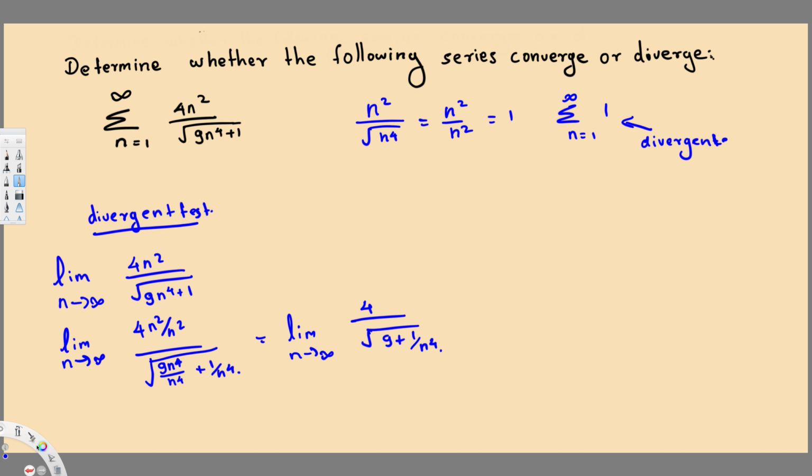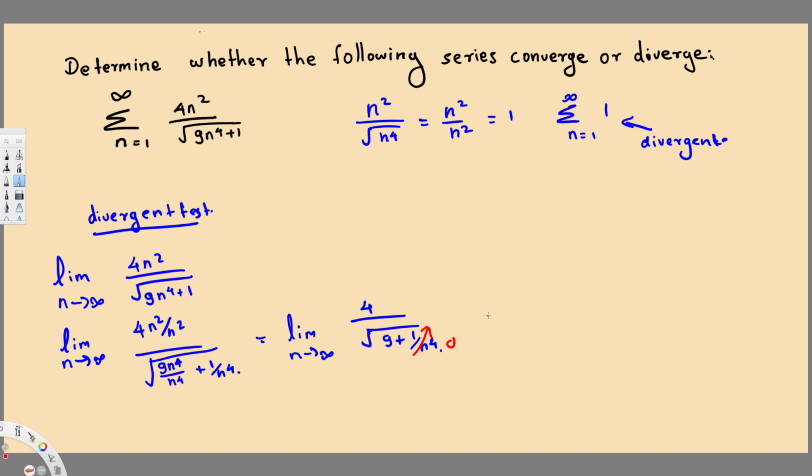If we apply this limit, only the 1 over n power 4 is affected, and with infinity it becomes 0, because we are dividing 1 by infinity.